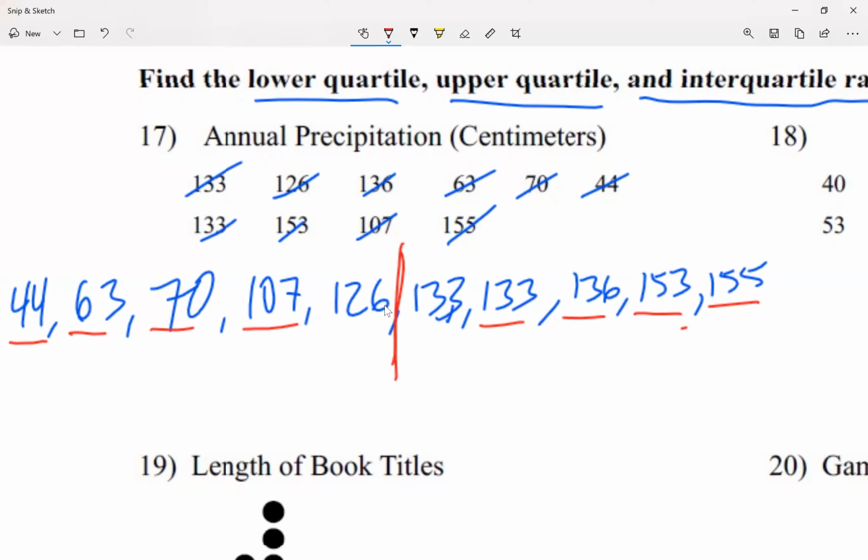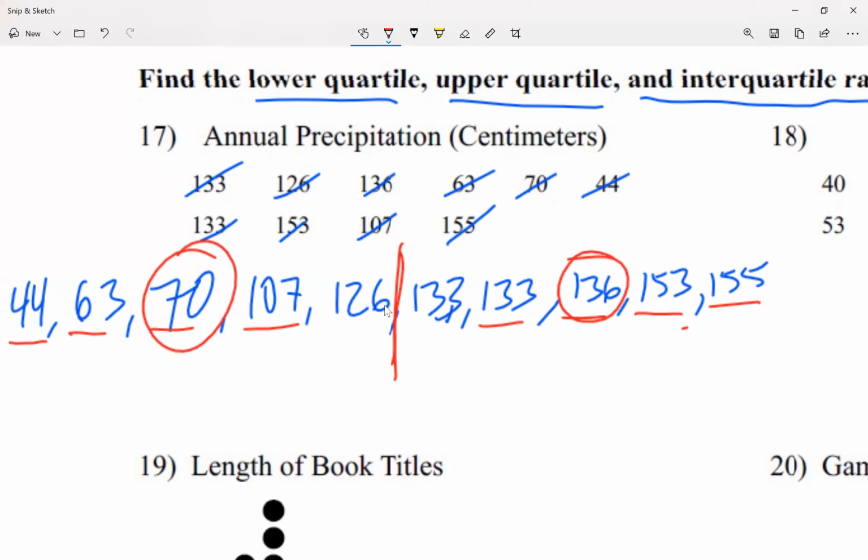I notice on the left, I have 5 numbers. Let me find the number in the middle. I notice on the right side, I also have 5 numbers. Let me find the number in the middle.